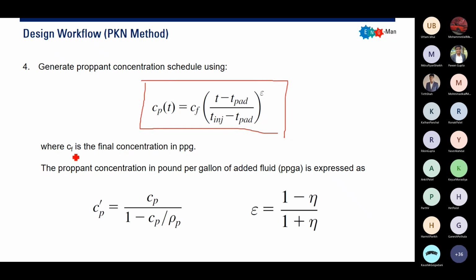Okay, where the CF is the final concentration in pound per gallon. And now the proppant concentration in pound per gallon of added fluid is expressed as this one. Okay, proppant concentration and this one.